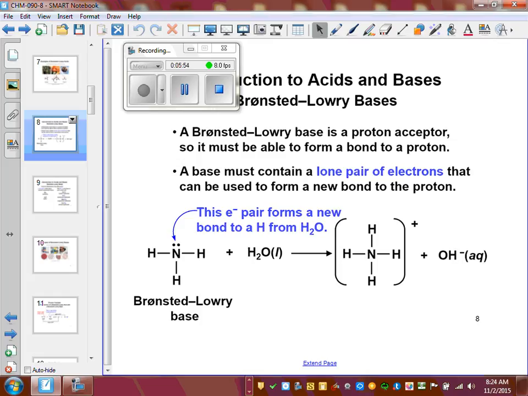Remember, OH- we said was the definition of a base. Wait, if this is the base, then water must be an acid. But in the previous example, we said water was a base.